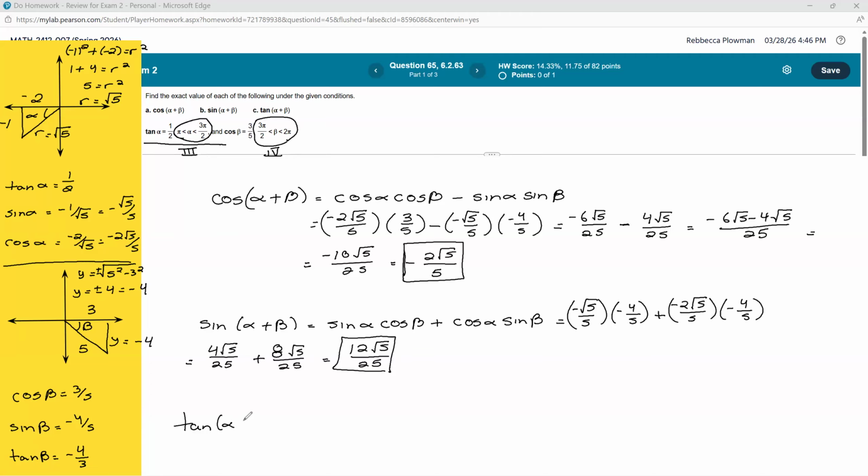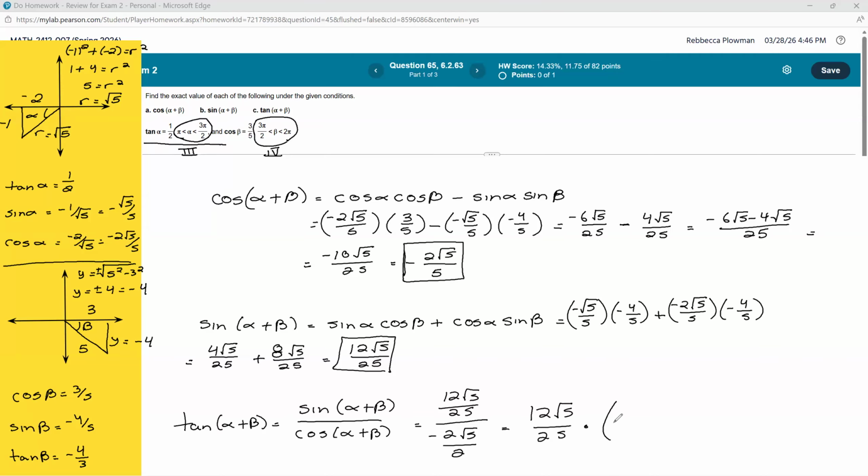So tangent of alpha plus beta, instead of using the identity, we can actually use the quotient identity, which is just sine alpha plus beta over cosine alpha plus beta, which is then going to be 12 square root of 5 over 25 divided by negative 2 square root of 5 over 5. 12 square root of 5 over 25 times negative, so keep, change, flip.